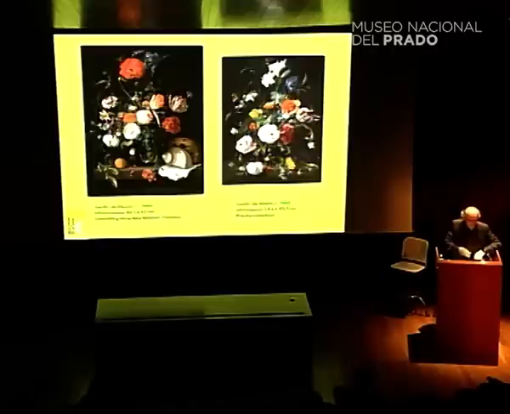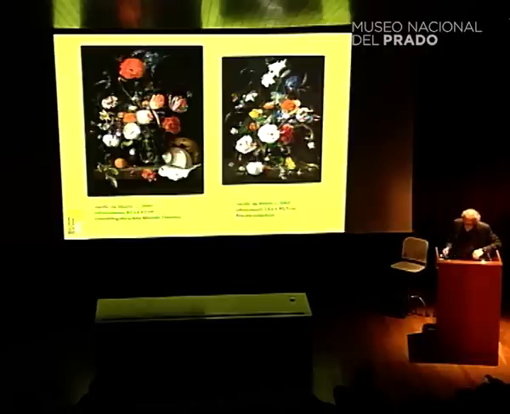Well, of course, these flowers are from different seasons, so they could never be put together in this way in a vase. They were all studied separately. And also you see that several flowers return in various paintings.